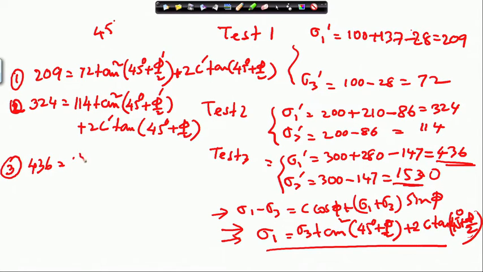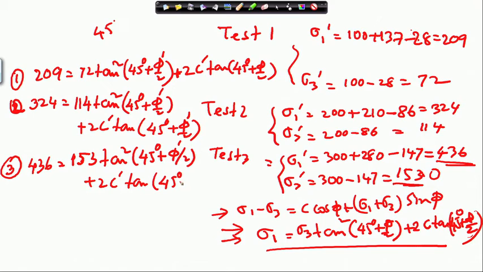So 153 tan square 45 degrees plus phi dash by 2, plus 2 c dash tan 45 degrees plus phi dash by 2. So now I have got 3 equations.